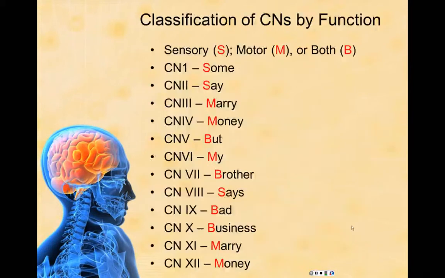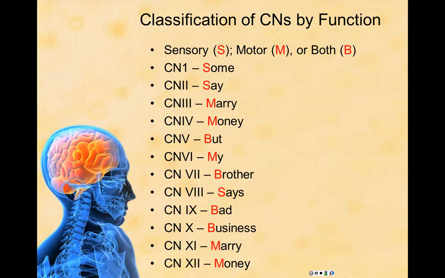Another thing about the cranial nerves is to remember that they have either sensory or motor function, or both. So one way to help you remember is another mnemonic to help you remember whether this cranial nerve is sensory, motor, or both.